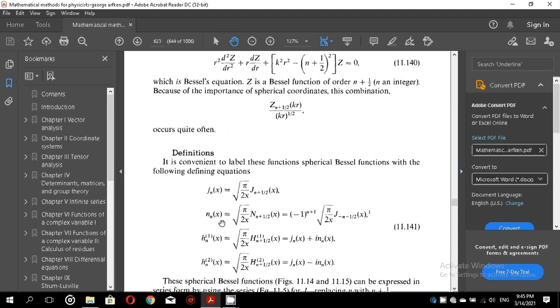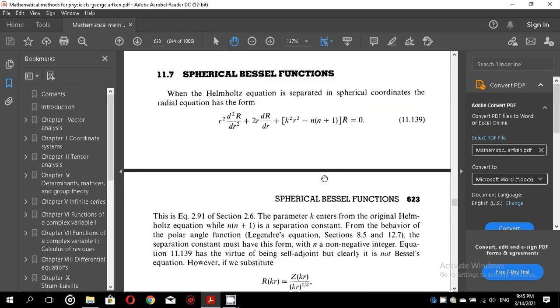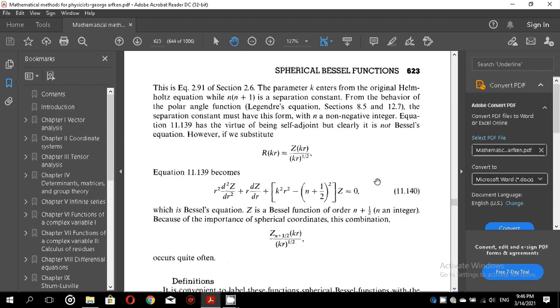attached these definitions is because sometimes our equations, especially in spherically symmetrical problems, are not exactly Bessel's differential equation, but they can be converted into Bessel's functions, as we did here, where equation 11.139 takes the form of equation 11.140.